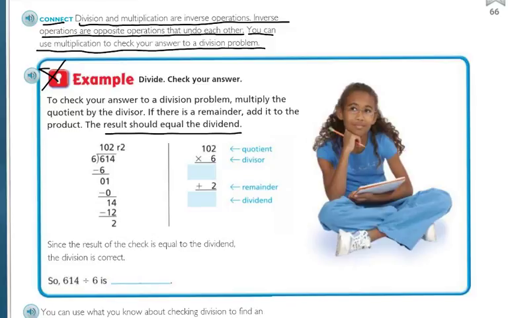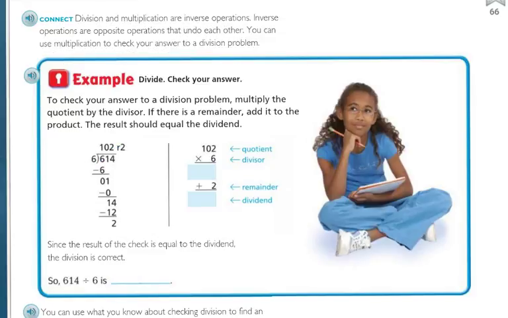Okay, so if I'm looking here, my quotient is 102, right? My divisor is 6. So if I multiply 102 by 6, right, and I add the remainder of 2, I should get 614. So let's try that. So 6 times 2 is 12.